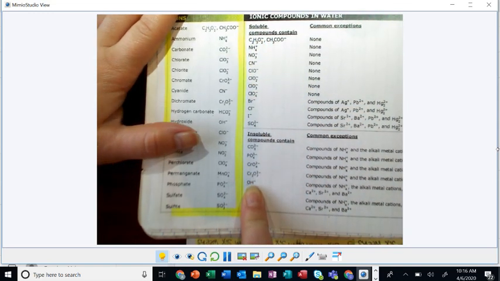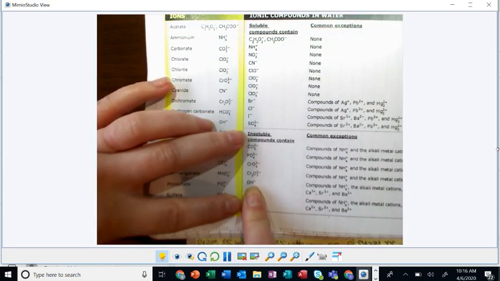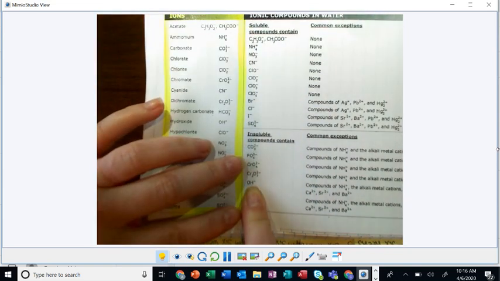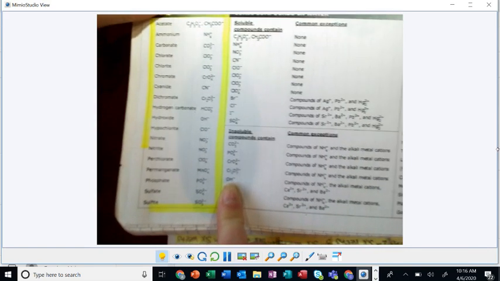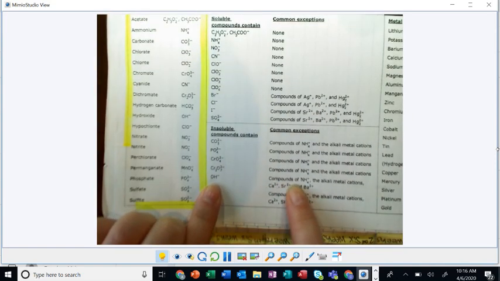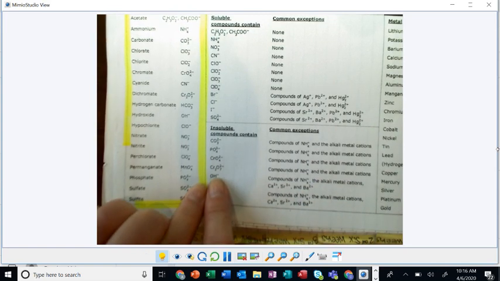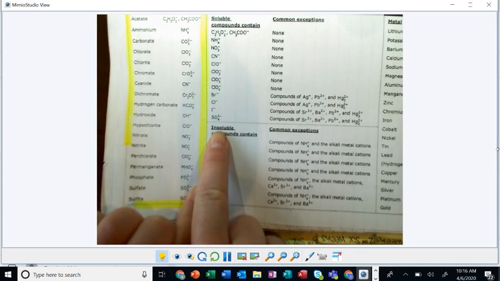And here it is. Now, if you notice, OH falls in the bottom half of the solubility chart. These ions down here are considered insoluble unless they are paired with something to the right over here. And we had Mg, so I look for Mg over here. Nope, I do not see Mg over here. That means OH is staying insoluble.